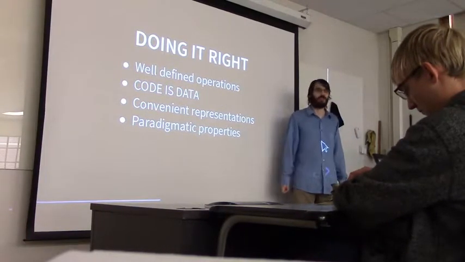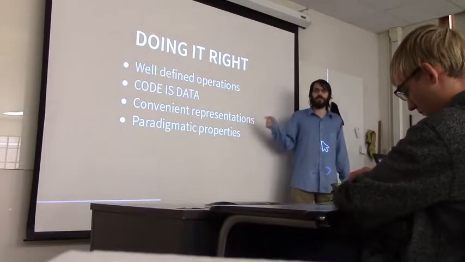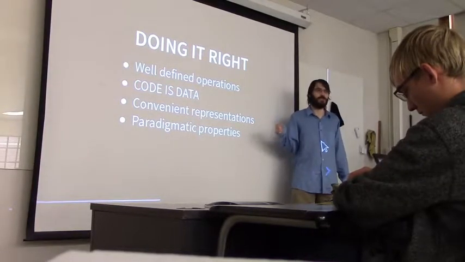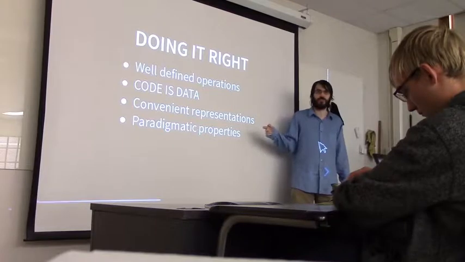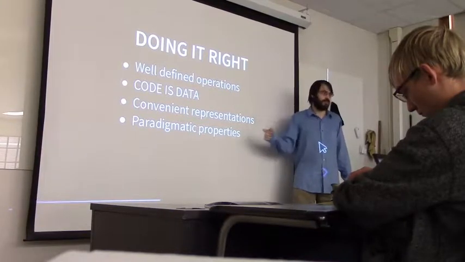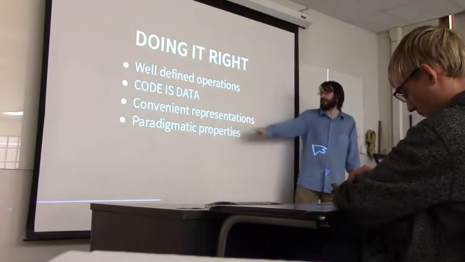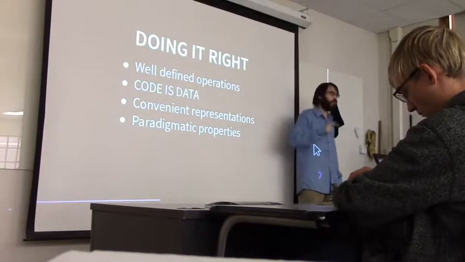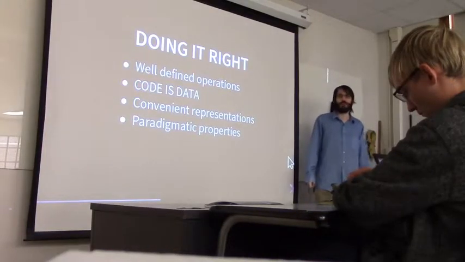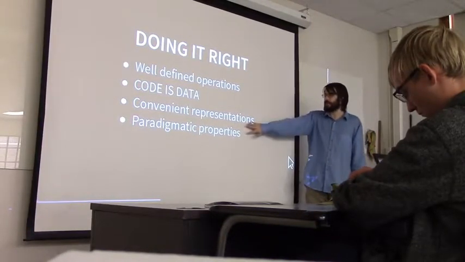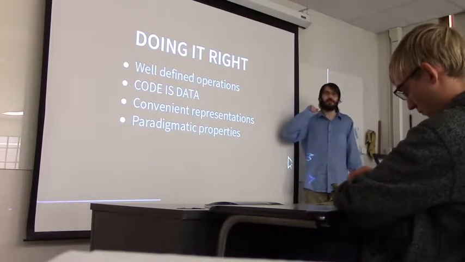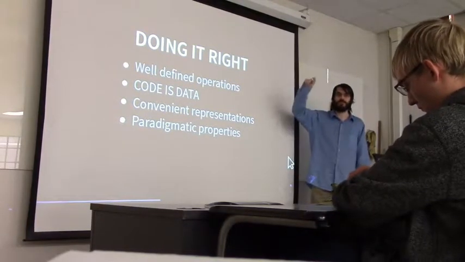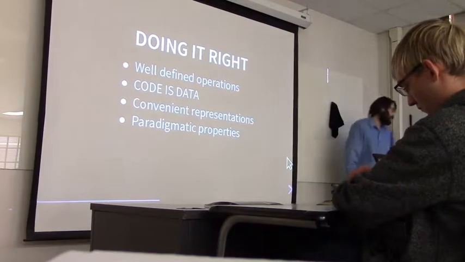Convenient representations. A string is a terrible representation for doing manipulations and transformations on source code. Trees are much better. And paradigmatic properties. For those of you who've already seen my multi-stage paradigm talk, I mean some very specific things by that, but we don't have time for me to go into detail right now, so I'm just going to gesture at that vaguely.